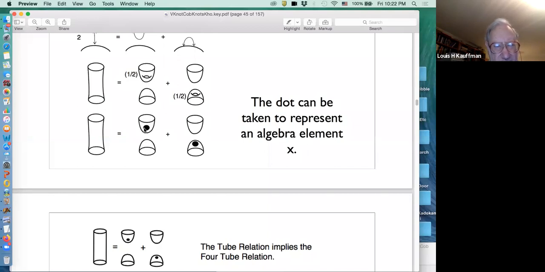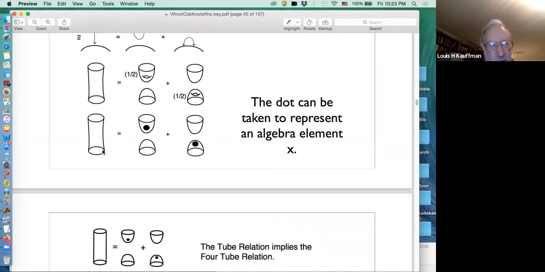Algebraically, it's the same as having 2x, and then dividing by 2, so x. So symbolically, we will just put a little blob, thinking of it as an algebra blob that represents this bit of torus.